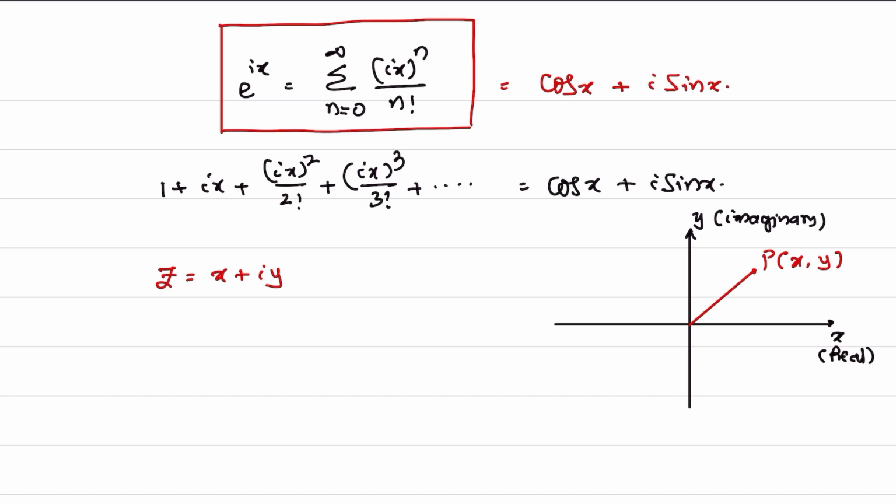Let us call this point z instead of p. That is, coordinates x and y, where x is the real number. I am slowly going forward to make you understand.